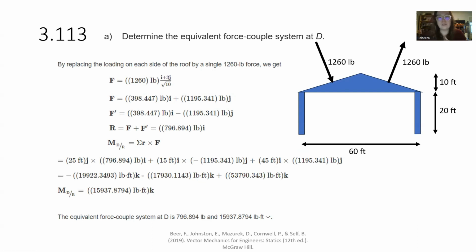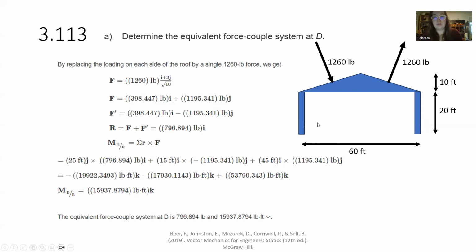But again, our y is countering. So we add it all together, but countering, they cancel. So we end up with a resultant force equaling the sum of the two x elements, or 796.9 pounds in the positive x direction.